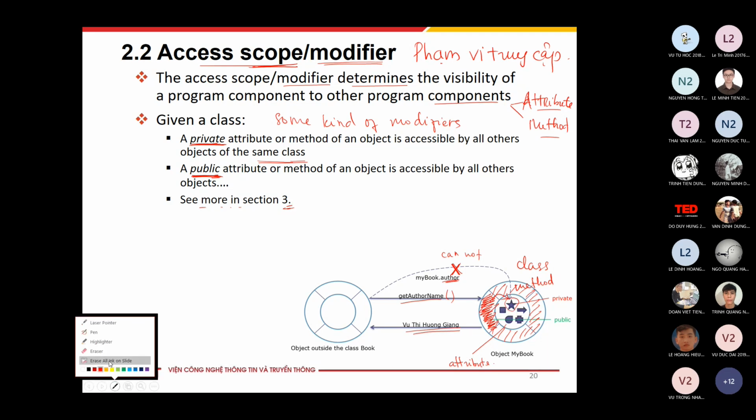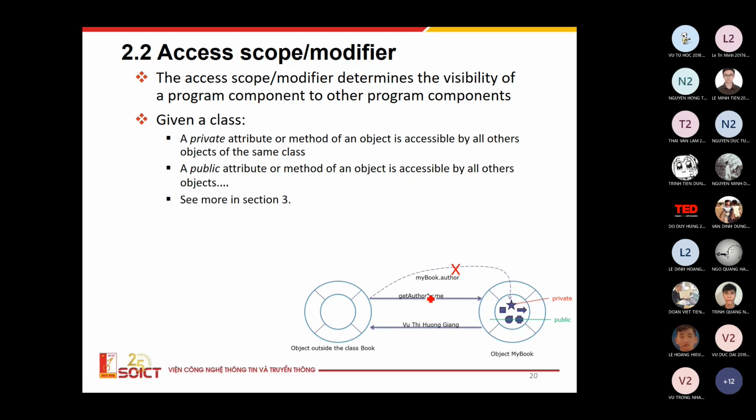Because this is in the same class. So accessing directly the private attribute cannot happen. You can use a public method to access this object, and this public method will help you access the private property. Okay, maybe in the next slide you will see it clearly.